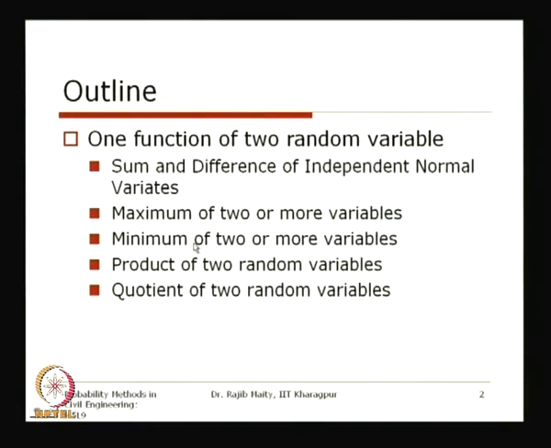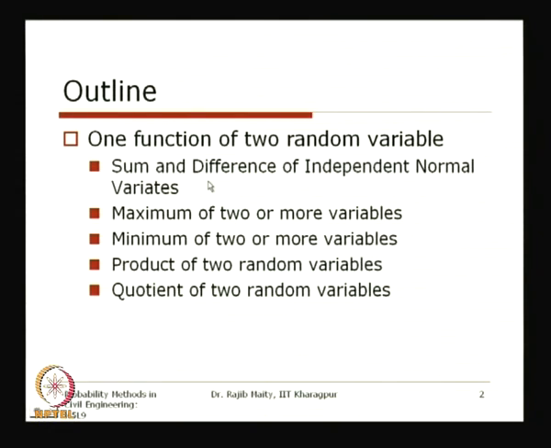But the basic thing I feel is that if the basic idea is clear from whatever is taken up for discussion, then any type of function can be handled. So through these few examples we will try to develop the concept, so that it can be easily extended to other types of functions as well.